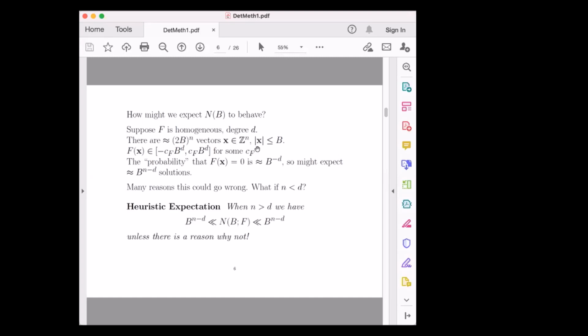And we look at the integer vectors in this box, norm of x less than or equal to B. Well, there are something like 2B to the power n such integer vectors. Each coordinate of x runs from minus B to plus B. Now, because f has degree d, the size of the values of f of x will be at most some constant times B to the d. The constant here will depend on the coefficients of the form f.